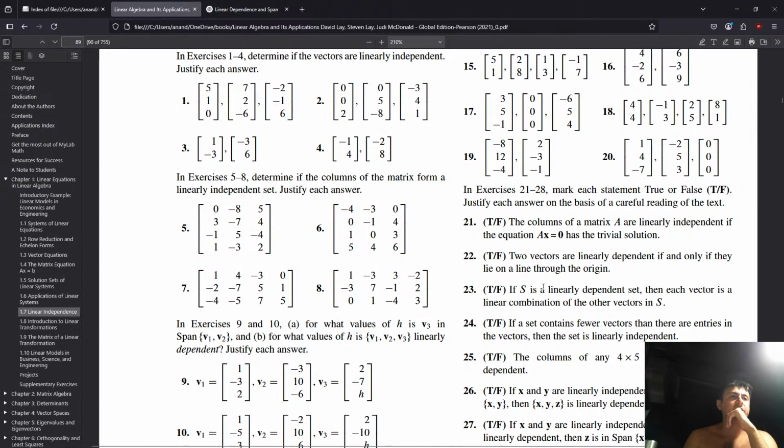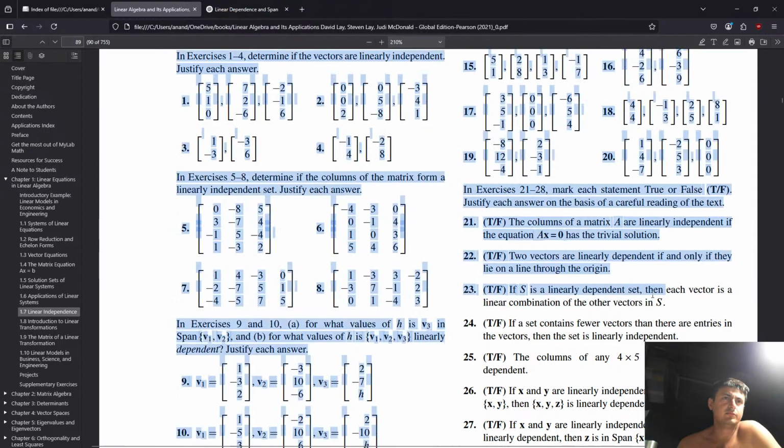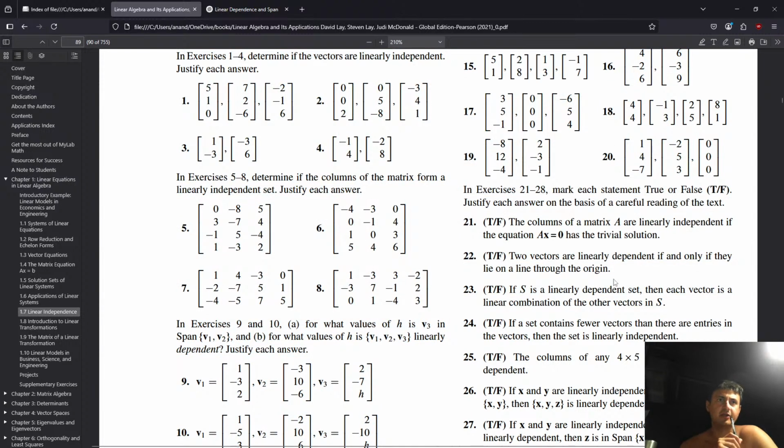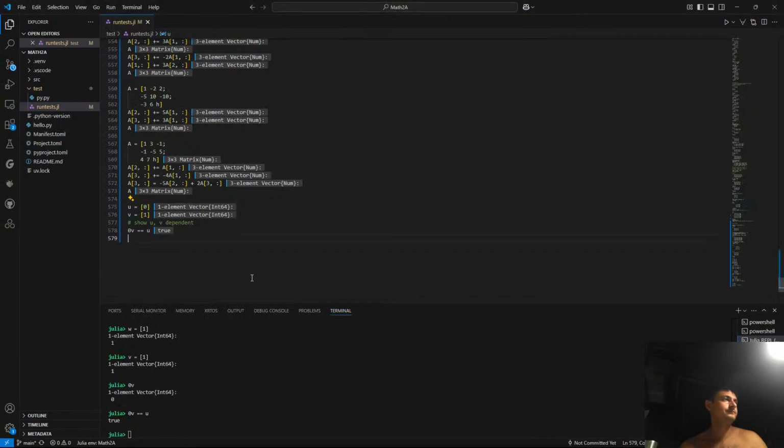23. If S is a linearly dependent set, then each... No, see, that's not true. The reason is that there could be some in there that are independent, but there's at least one in there that is a linear combination of the others, but not each of them. So like, wait, is that true?